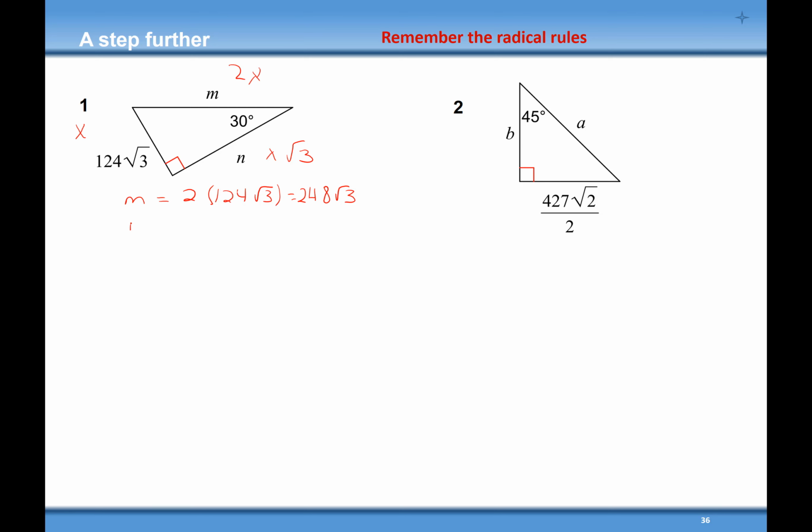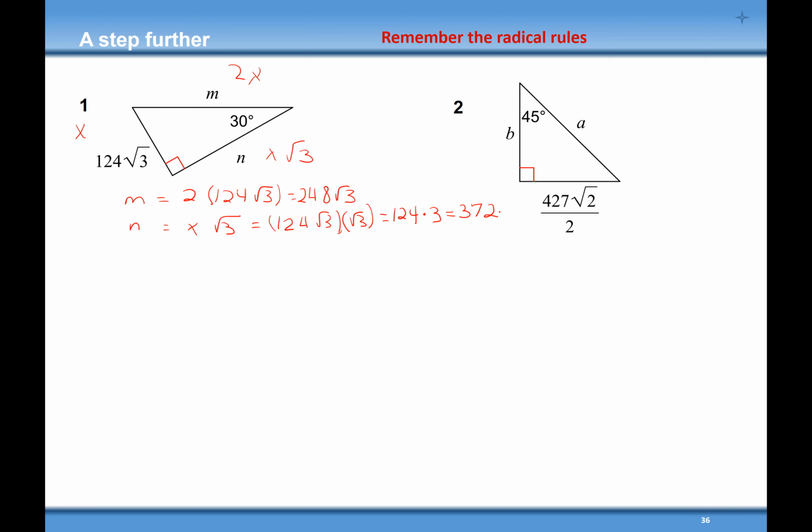And then n is equal to x root 3, which would give us 124 root 3 times root 3, which would give us 124 times 3. Because remember, root 3 times root 3 is root 9, which simplifies back down to 3, which gives us 372. So that allows us to solve those.